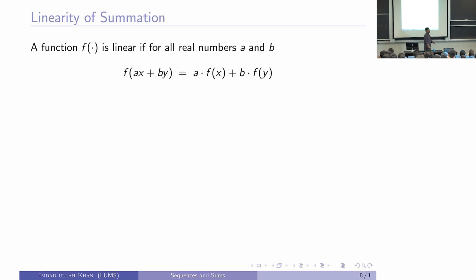Okay, so hopefully you would remember some linear functions. This is not our function, this is numeric functions. This function is called a linear function if it has this property: if I take a linear combination of 2 inputs, the output of the function will be the linear combination of the 2 outputs.